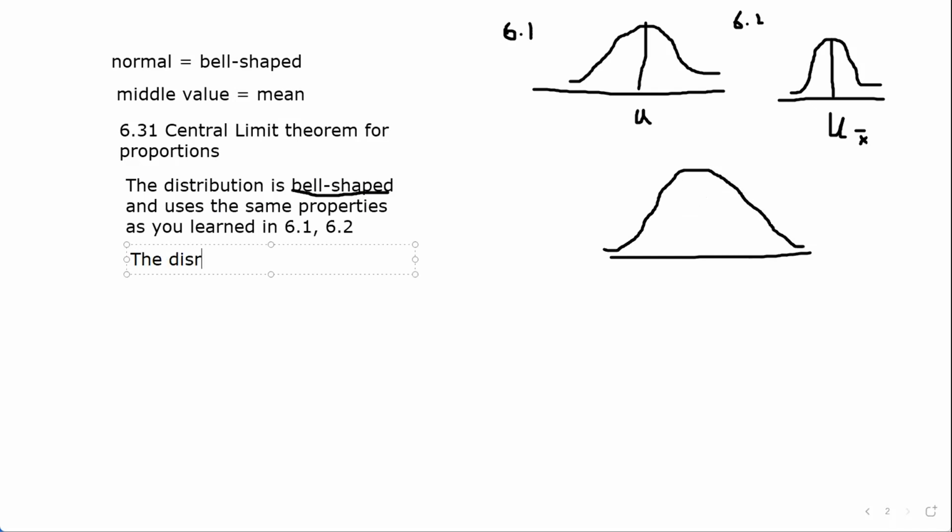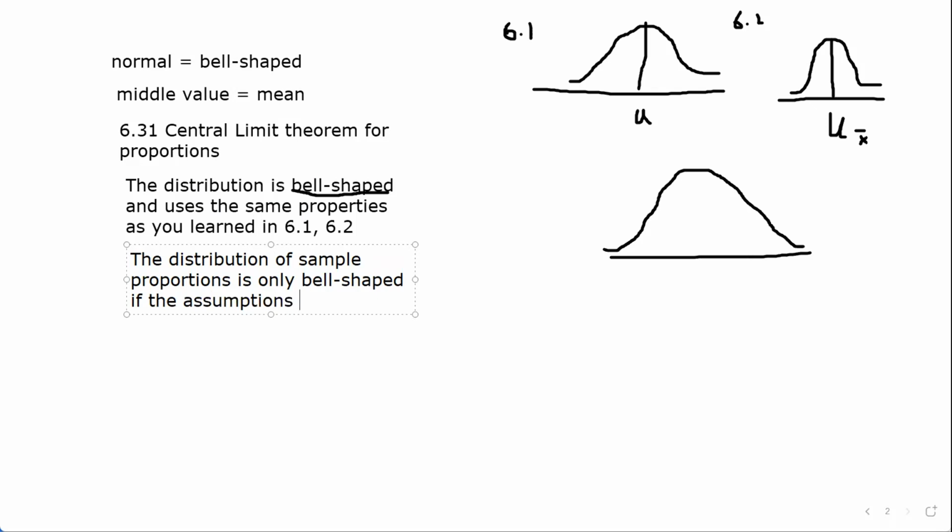The distribution of sample proportions, which is what you're studying in 6.31, is only bell-shaped if the assumptions are satisfied.